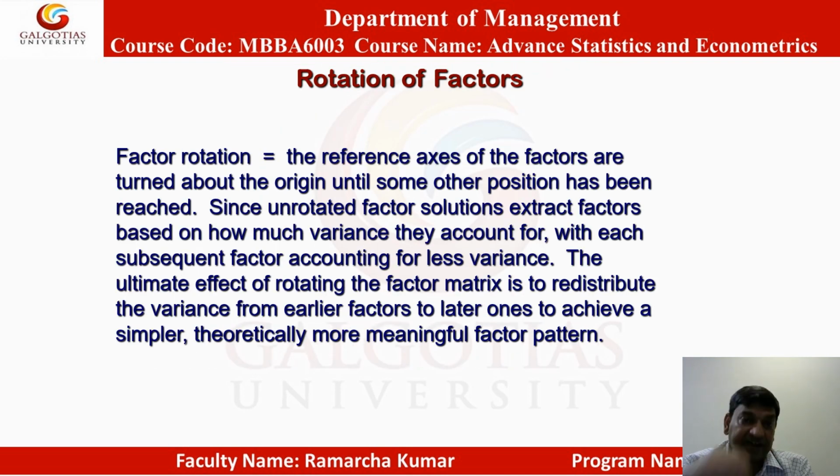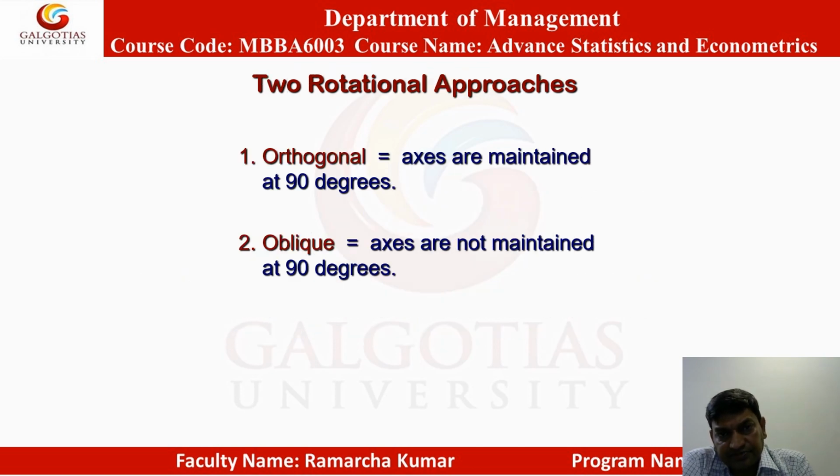Factor rotation. The reference axes of the factors are turned about the origin until some other position has been reached. Since unrotated factor solutions extract factors based on how much variance they account for, with each subsequent factor accounting for less variance, the ultimate effect of rotating the factor matrix is to redistribute the variance from earlier factors to later ones to achieve a simpler, theoretically more meaningful factor pattern.